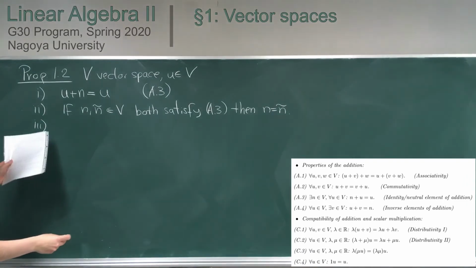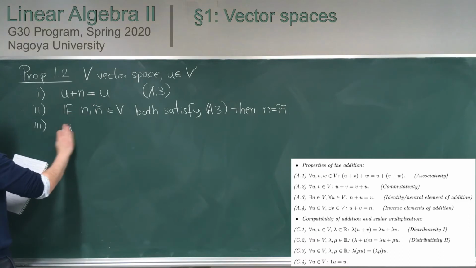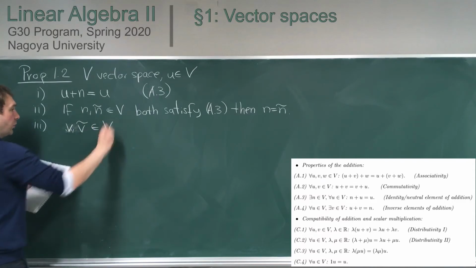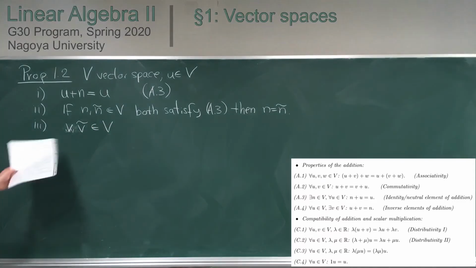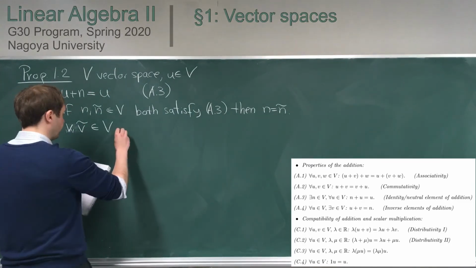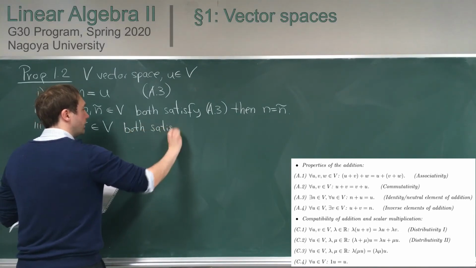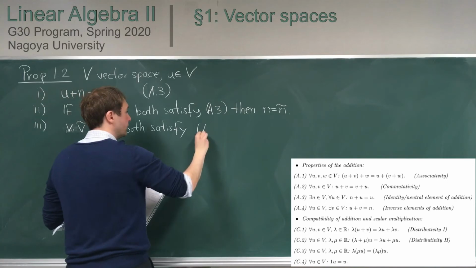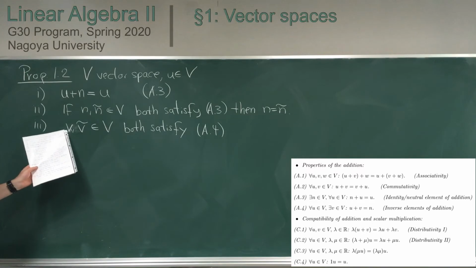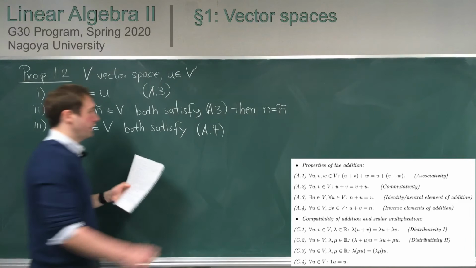So the third statement of proposition 1.2 is that for a fixed u in V, if I have two v's which satisfy this condition A4, meaning that they are both inverse of this u, so this property was that if I add v to u, then I get the n, then they are also the same.